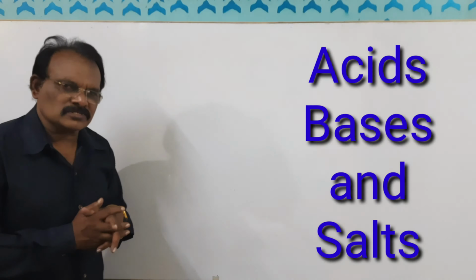Okay, now it's a beaker. In the beaker you just add soap water. Now we have two types of acids. One is dilute sulfuric acid and the other one is concentrated sulfuric acid. What is the difference between dilute sulfuric acid and concentrated sulfuric acid?